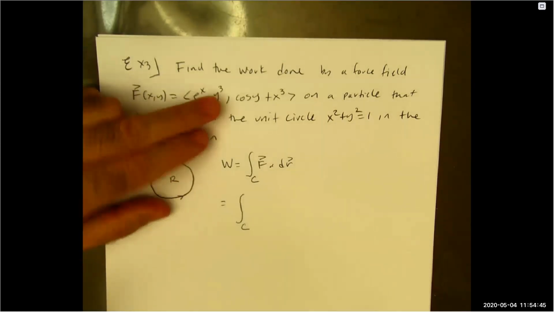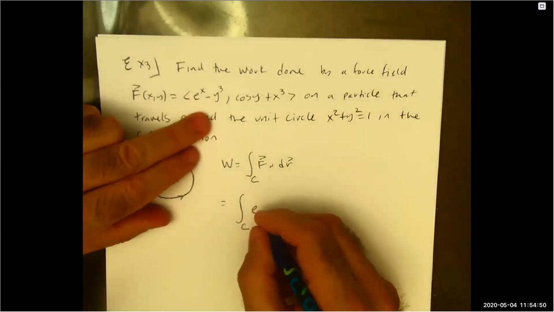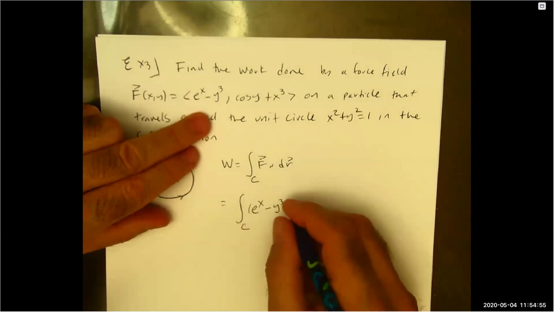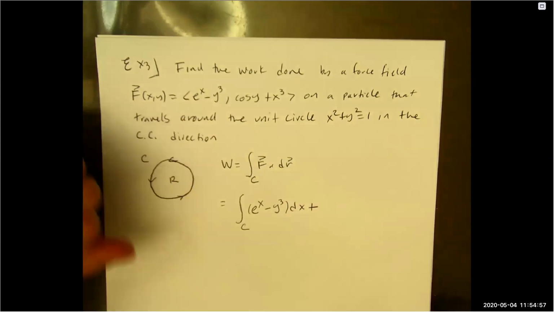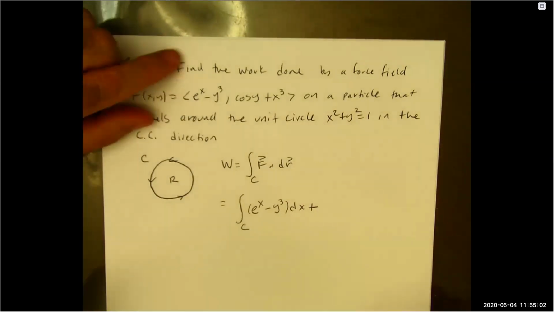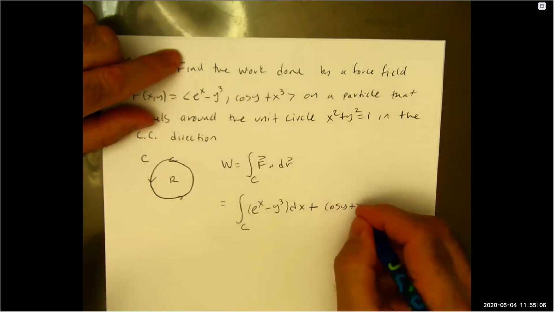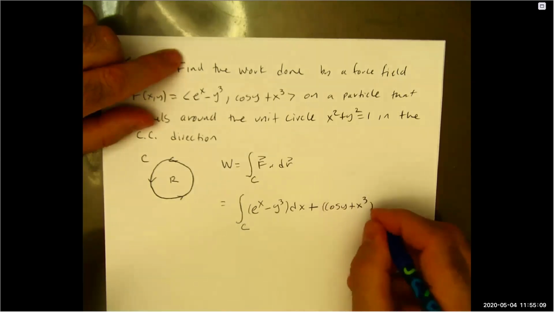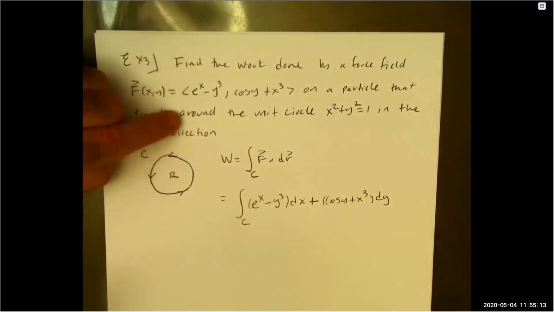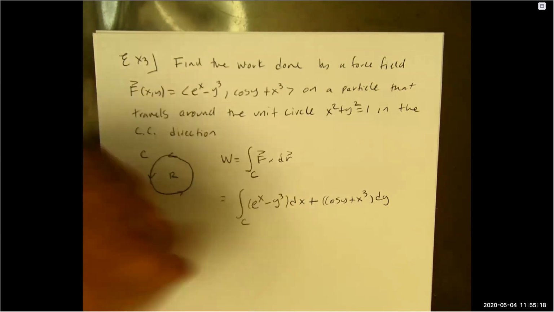We're going to have e to the x minus y cubed times dx plus what? Cosine y plus x cubed times dy.